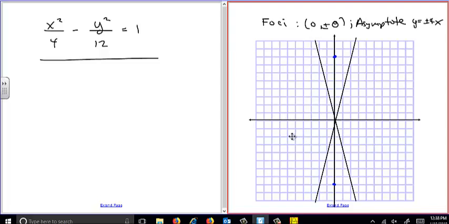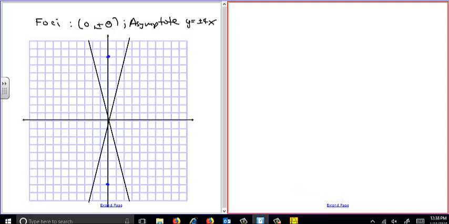Okay, so now what do I do? Well, if you look at the equations for the asymptotes, that'll help us figure this out a little bit more. So if we look at the equations for the asymptotes, and this is a vertical transverse axis, so the one we're going to use is y is equal to k plus or minus a over b times x minus h.